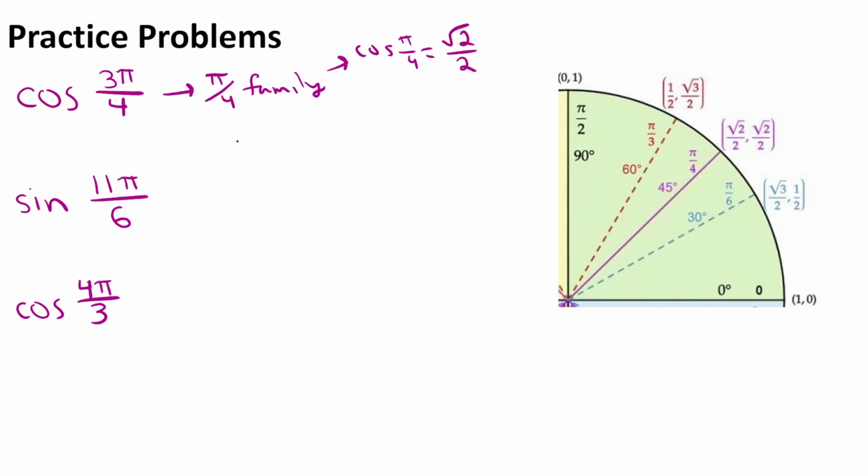And remember, cosine represents the x value, right? Now, since we're looking at 3 pi over 4, 3 pi over 4 is in quadrant 2. And in quadrant 2, we assume that sine is positive and cosine is negative. So therefore, we can conclude that the cosine of 3 pi over 4 is negative root 2 over 2.